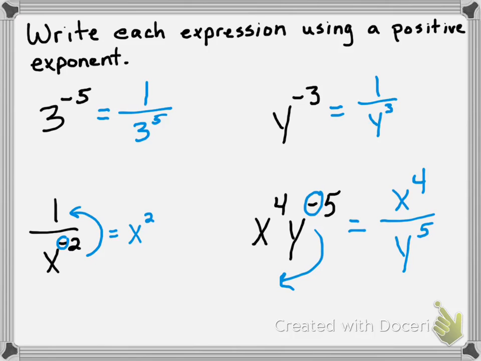Okay, so I didn't move the x down because it already was positive. I had to move the y down because it was negative, and I had to change the sign, so I had to change the position. Okay, so when you have a monomial that has more than one variable, you have to look at each variable and decide whether or not it needs to be switched or not.